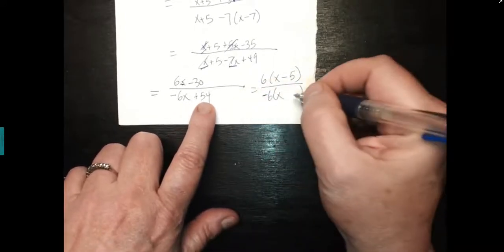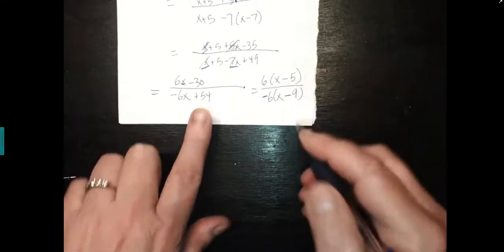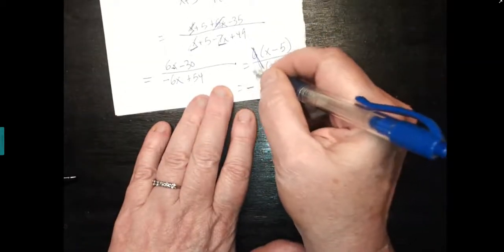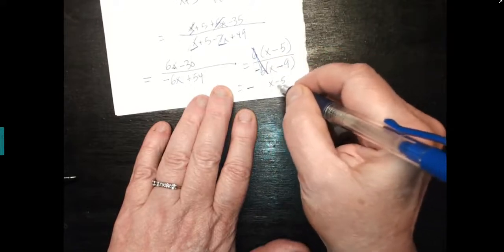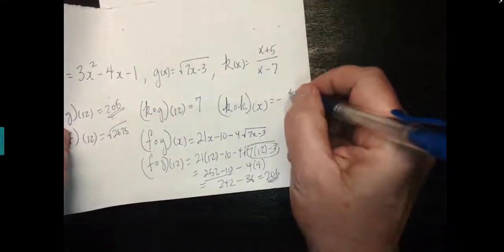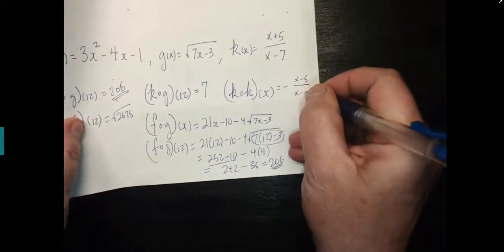And 54 divided by negative 6 is negative 9. And if I multiply the 6's back through, I should get back to that. So my final answer is going to be the negative of x minus 5 over x minus 9.